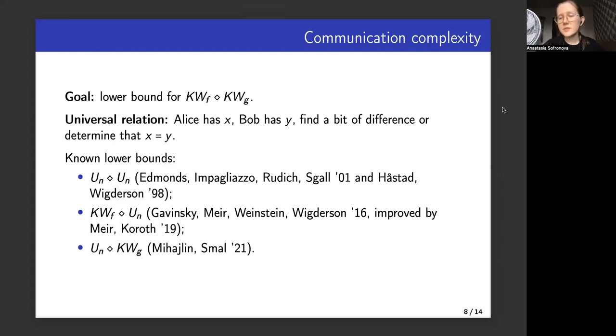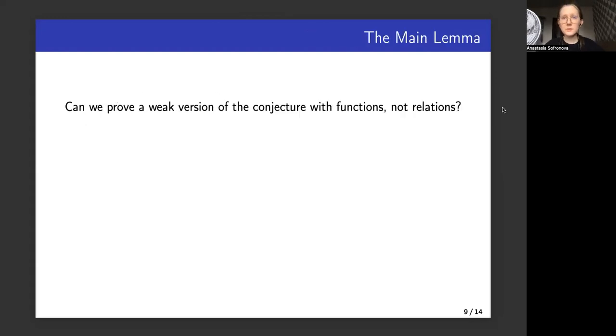So it kind of seems that what we need is just one more push to achieve a lower bound for composition of a Karchmer-Wigderson game with a Karchmer-Wigderson game, and to get rid of this universal relation completely, which is what we kept in mind. And in fact, the first drafts of our result were written in communication complexity language.